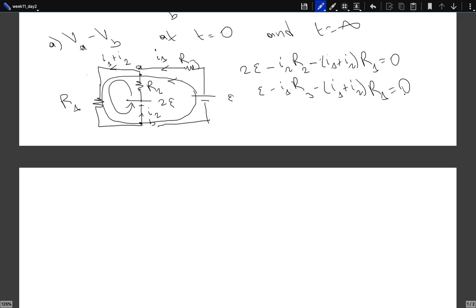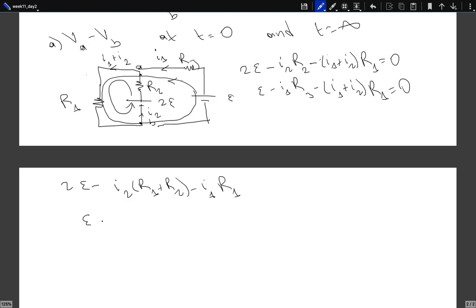So we have two equations for the two unknowns, I1 and I2. We need to solve them. Well, let's see. The first equation is 2 epsilon minus I2 times (R1 plus R2) minus I1 R1.